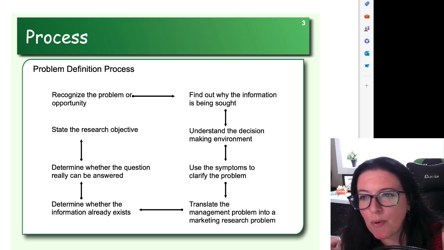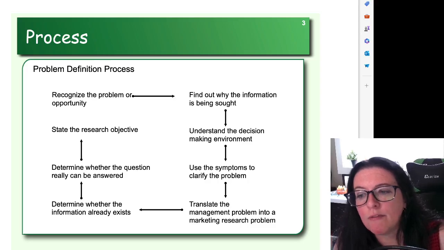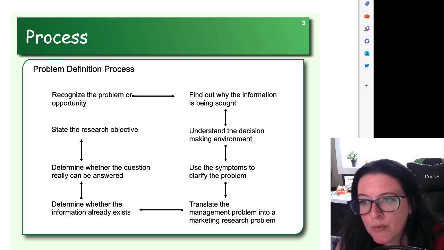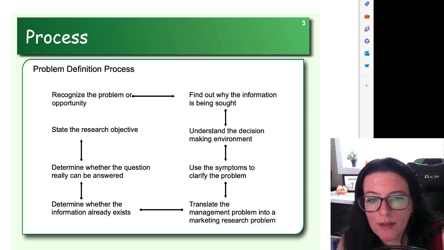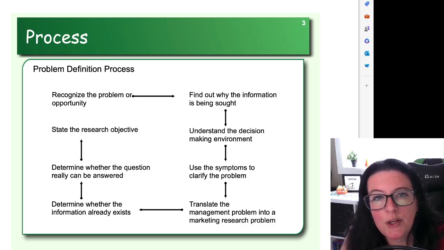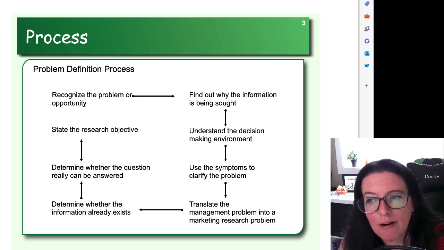So we need to recognize the problem or opportunity, find out why the information is being sought, and understand the decision-making environment. Who's making the decision? What are they considering? We're going to use any kind of symptoms to clarify the problem. We're going to translate that management issue into a research project.